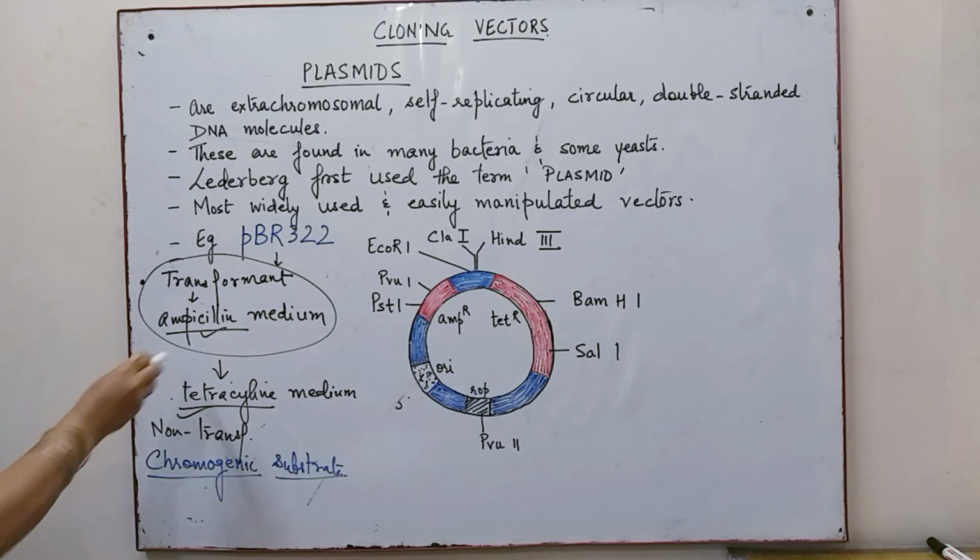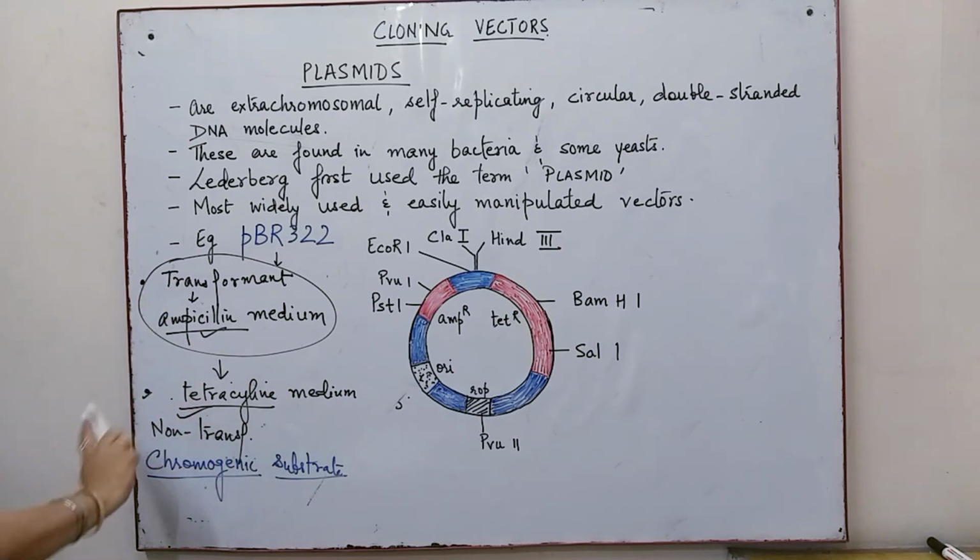In place of this method, we have adopted the chromogenic substrate method. Now, actually what happens over here, they will give different colors for the transformant and for the non-transformant. So chromogenic substrates are used by the scientists to obtain different colors for recombinants and non-recombinants.